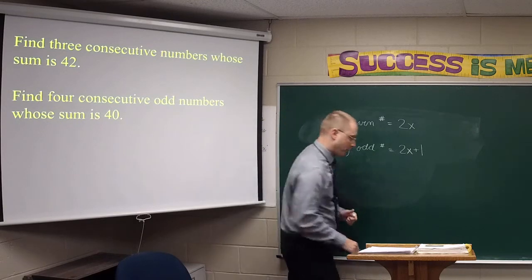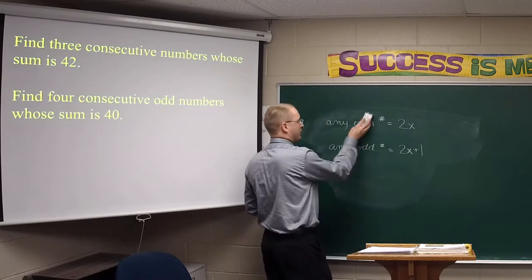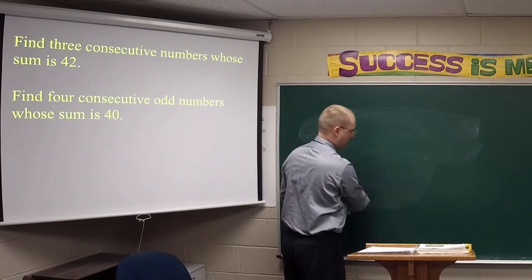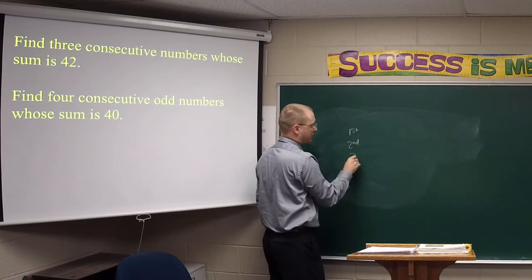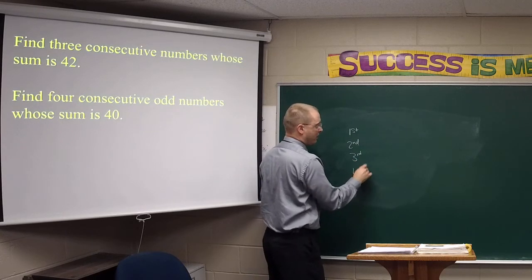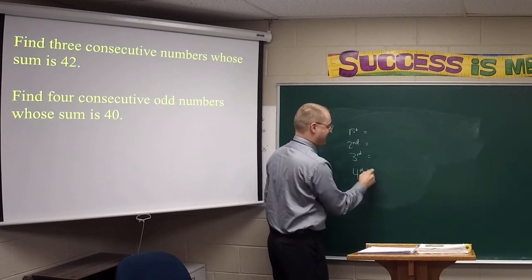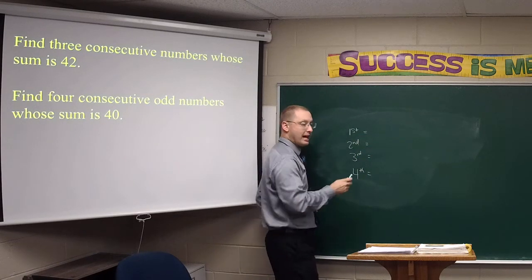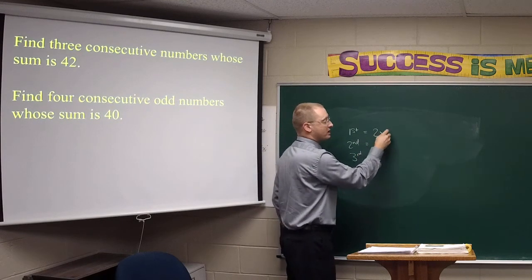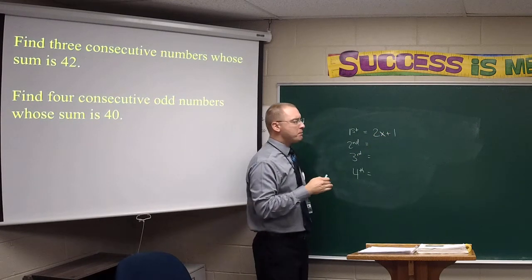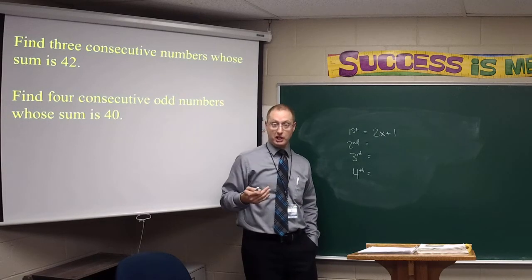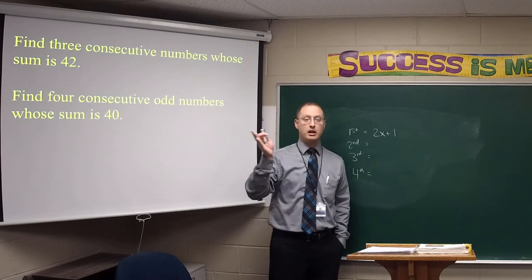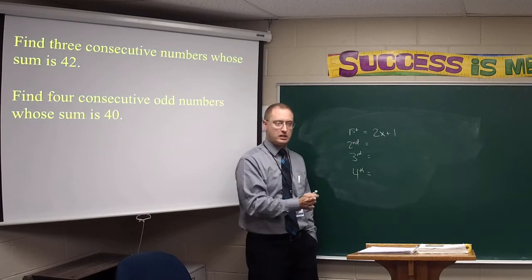This particular problem, though, wants 4 consecutive odd numbers. Okay, so we've got first number, second number, third number, fourth number. We said that any odd number could be represented 2x plus 1. What would be the next odd number? Well, if we counted odd numbers, let's start with 13 because it worked last time: 13, 15, 17, 19.